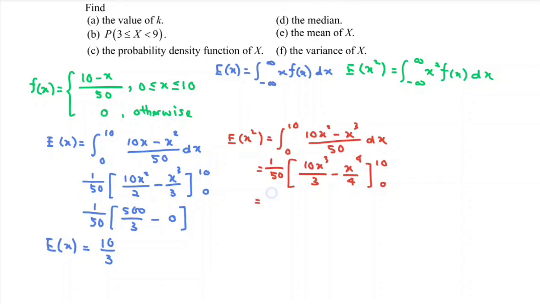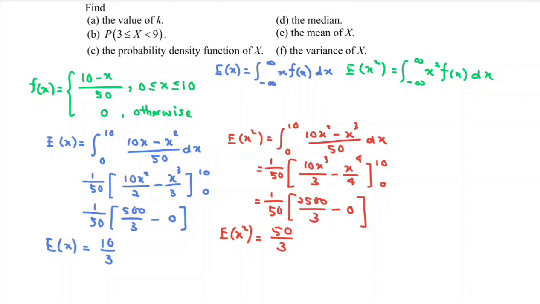If we substitute the 10, we have 1 over 50 times (2500 over 3 minus 0). Kindly simplify the situation. Then we have E(X squared) equal to 50 over 3.